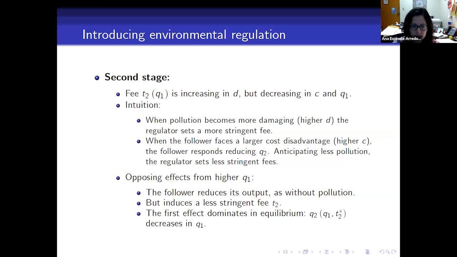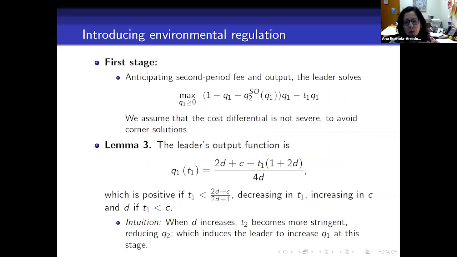stringent emission fees. So now we move to the first stage in which, anticipating second period fee and output, the leader will solve its maximization problem and will decide its output level. And the output level, you can see that is presented here in Lemma 3, is positive if emission fees are not sufficiently high. It will decrease in the emission fee. So as the emission fee becomes more stringent, the leader will produce fewer units. It increases in C. So as the leader becomes more efficient, it will produce more units.